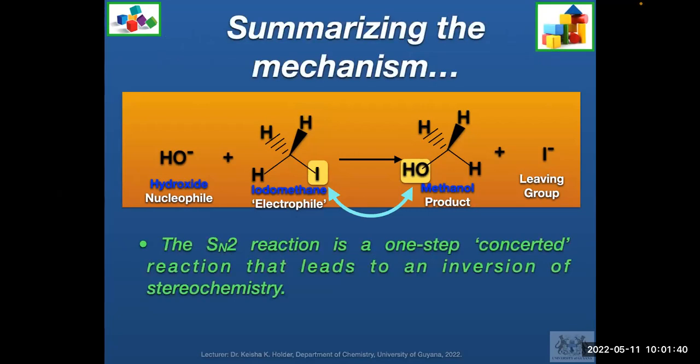So once again, to summarize, the SN2 reaction is a one-step concerted reaction that leads to an inversion of stereochemistry. And as we proceed next class, we will begin to explore examples of that, as well as getting into more about electrophiles and more about nucleophiles.